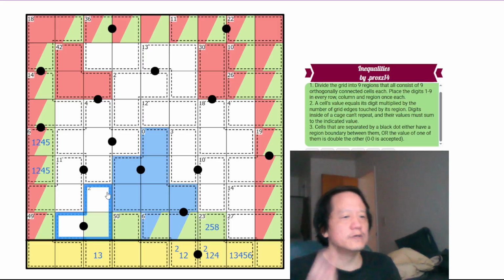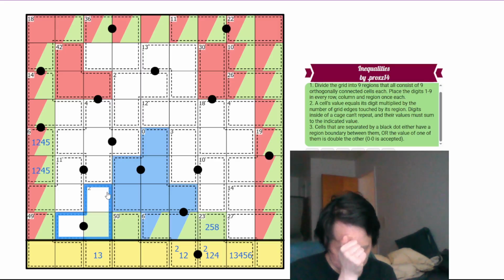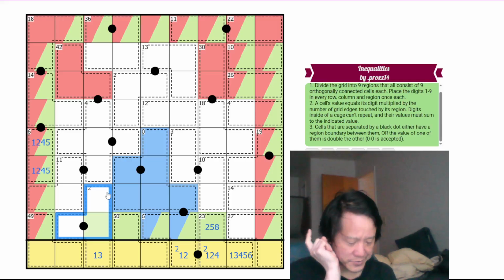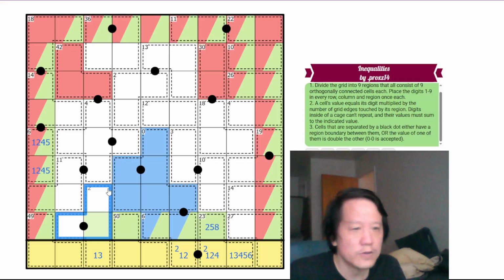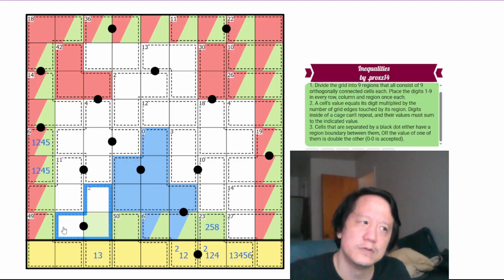Can these be 3 values? The answer is no. If we have 3 values here, the problem is it's 1, 2, 3 at minimum. That's 6. 6 plus 3 or 6 plus 9 does not add up to 12.